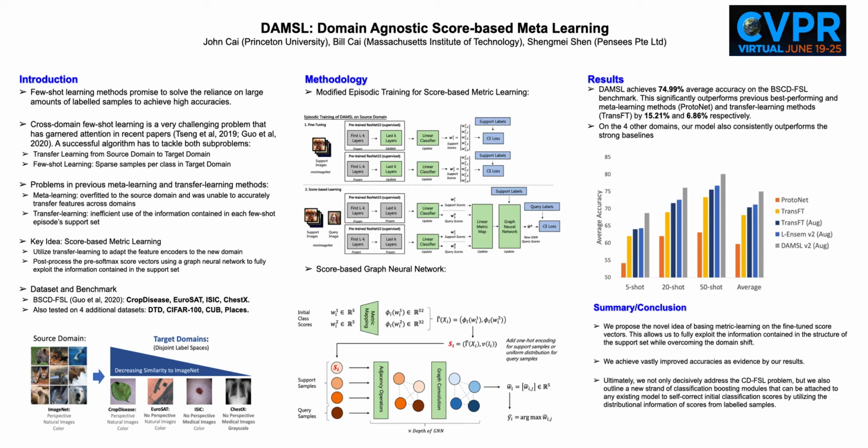What we've realized from our research into this area was that a lot of previous meta-learning methods failed in the cross-domain few-shot learning context because they overfitted to the source domain and hence were unable to accurately transfer features across the domains. On the other hand, transfer learning methods did perform markedly better than the meta-learning methods, but they failed to take into account the structure of the support set.